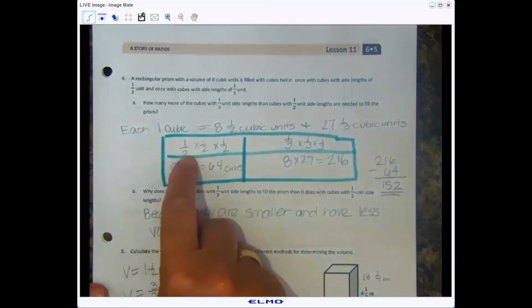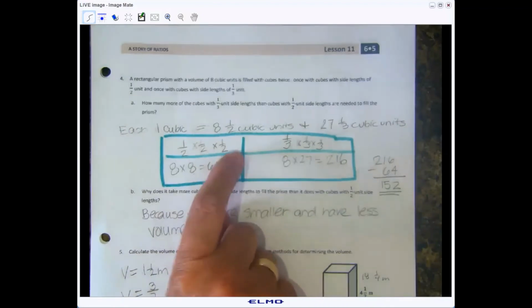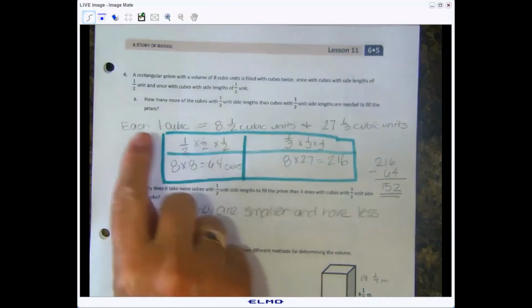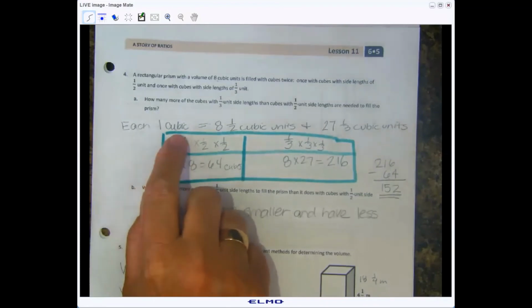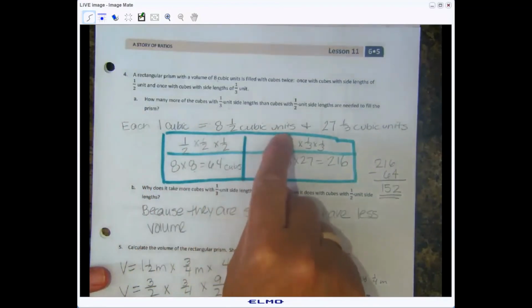We already know that for cubes that are 1/2 by 1/2 by 1/2, 8 of that size will fit in 1 cubic unit. Each 1 cubic unit will have 8 half-unit cubes.